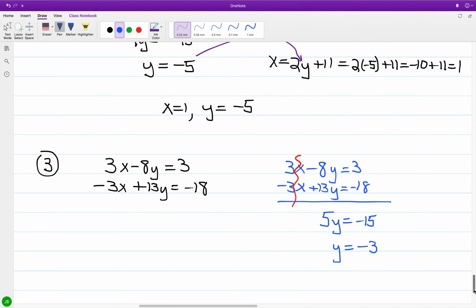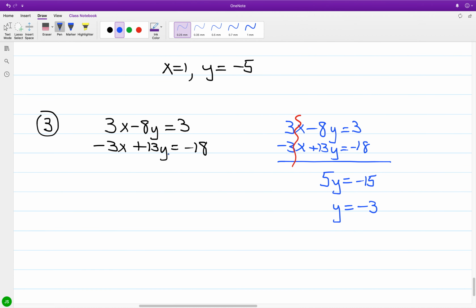And after y equals negative 3, I can solve for x. So I can take negative 3 into either of these two equations. With y at negative 3, if I plug in negative 3 for y in the first equation, I'm going to have 3x minus 8 times negative 3 is equal to 3.